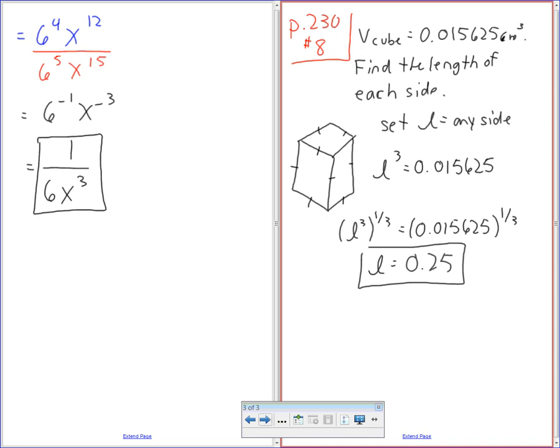All right, therefore, the length of each side is 0.25 meters. Is everybody okay? Good, okay. Therefore, the length of each side.